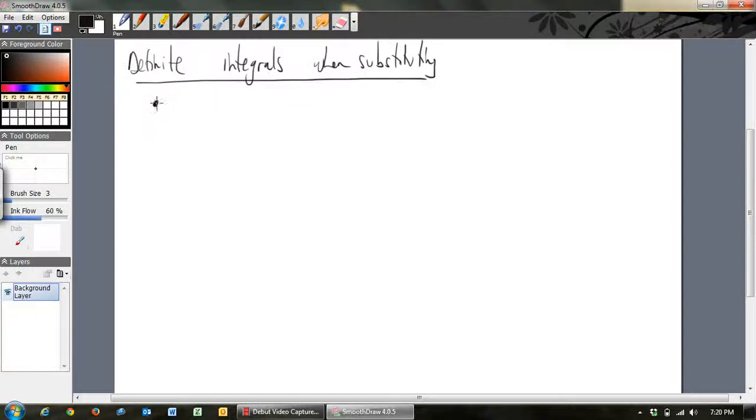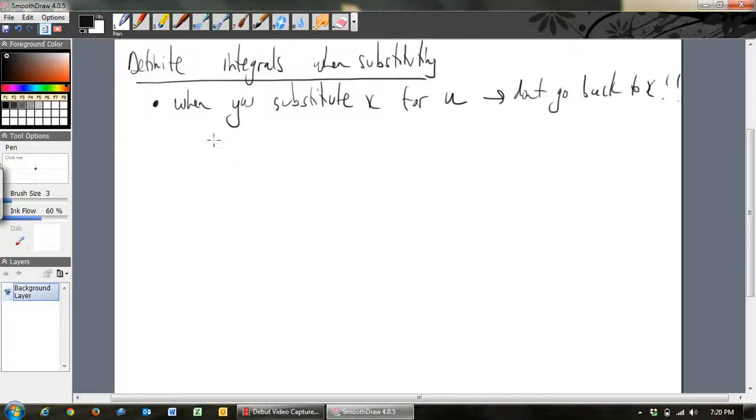Basically the key point is that when you've made a substitution, so when you substitute x for u, we don't need to go back. Don't go back to x.